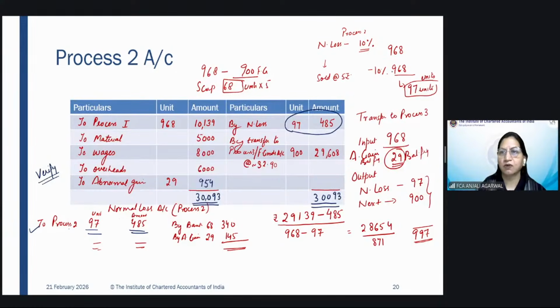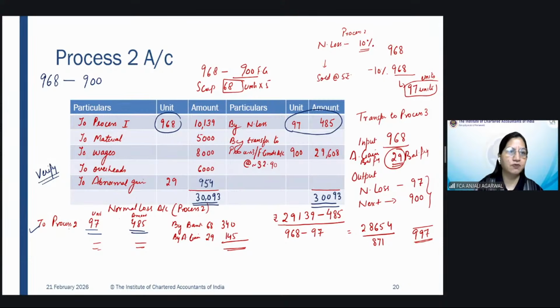How much out of 97 can be sold as scrap? As we don't have 97 units to be sold in the scrap, we only have 68 units. Why? Because 968 units were transferred from process 1, and out of 968, 900 units have moved to finished goods.